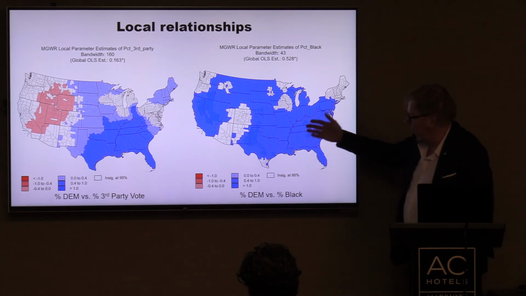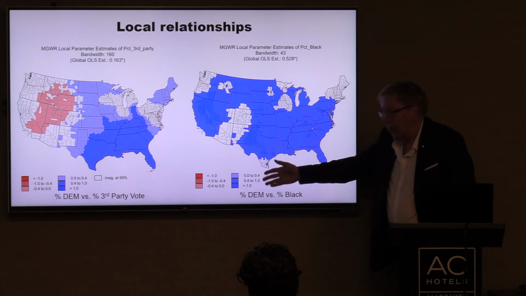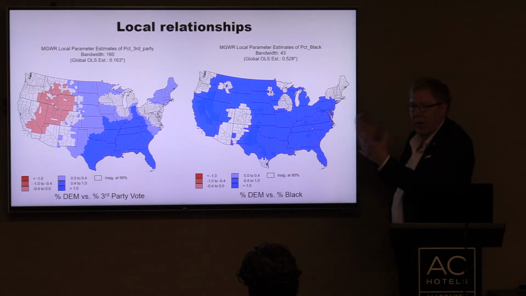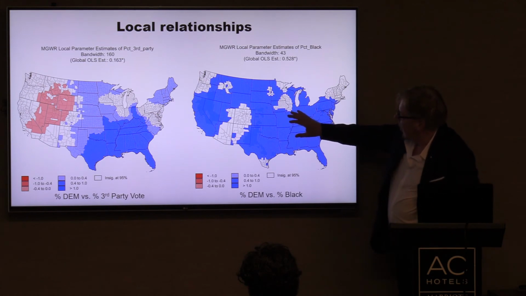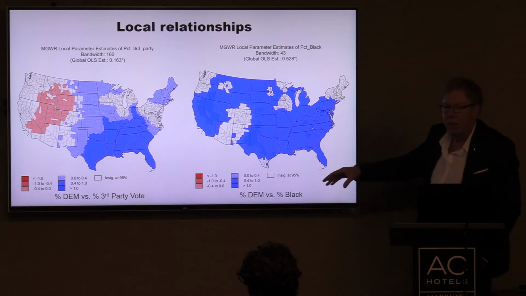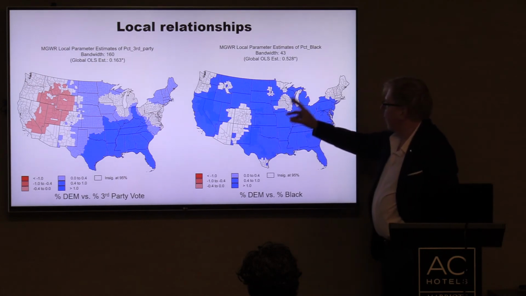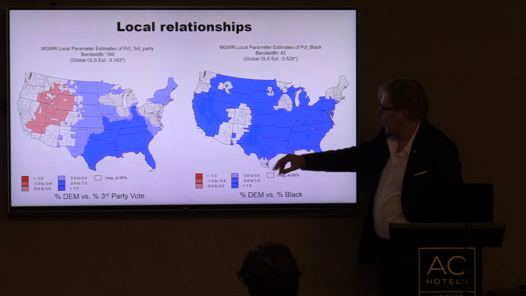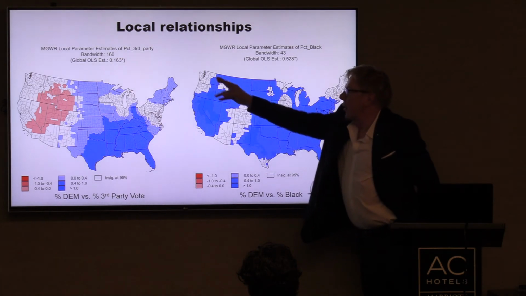So again, it's significantly positive. Remember, it's conditioned upon the other 13 variables in the model. It is significantly positive in almost all counties, apart from Arizona, Colorado, Iowa, bits of Wisconsin, New England, the southern tip of Texas, Oregon, and Washington.